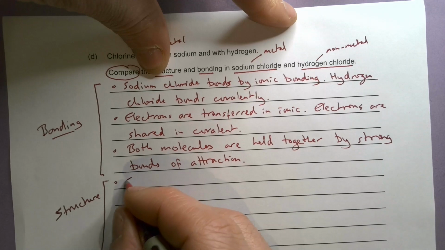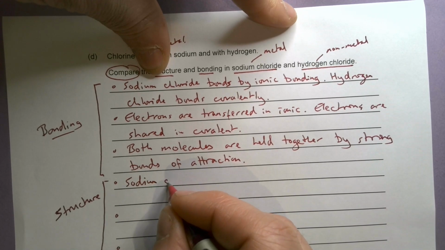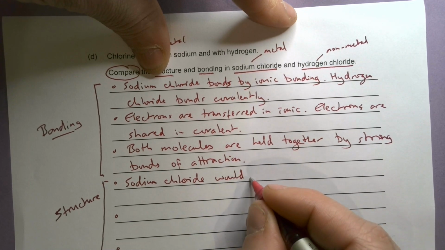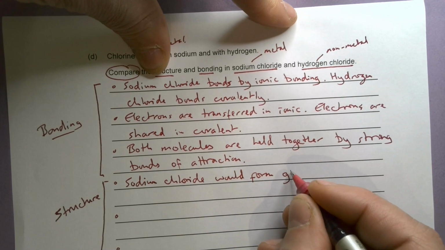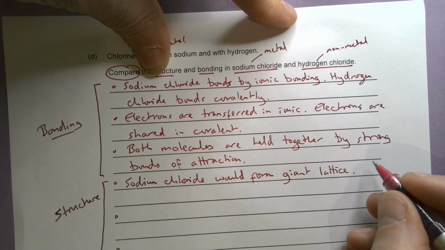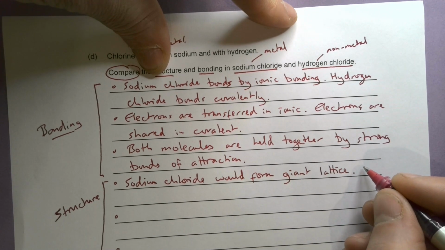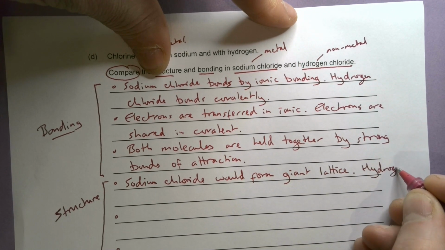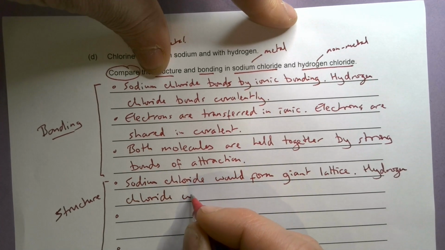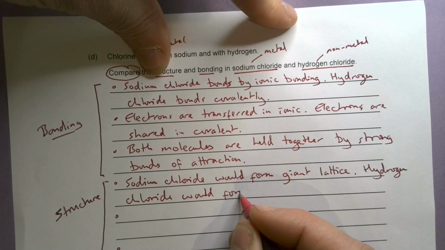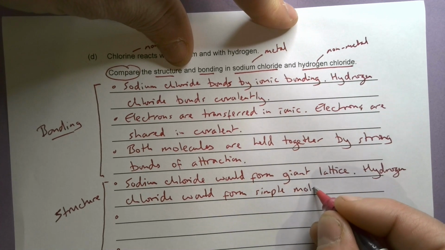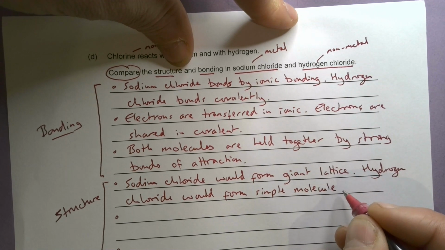So sodium chloride would form a giant lattice, whereas hydrogen chloride would form a simple molecule.